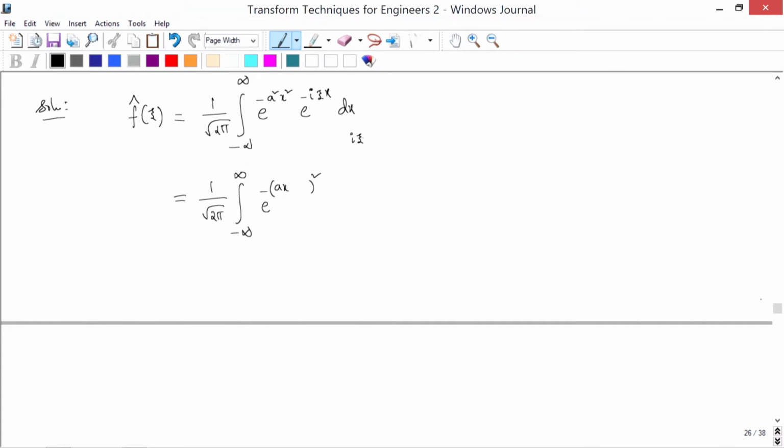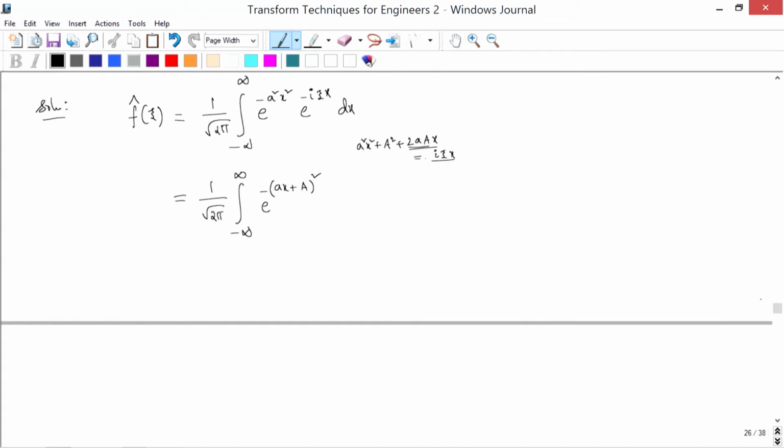If you add some quantity a square, what you get is a square x square plus a square plus 2 a x. This quantity is what you want, equal to minus i xi x, so plus i xi, because the minus i is taken out. So this sum should be equal to this one.